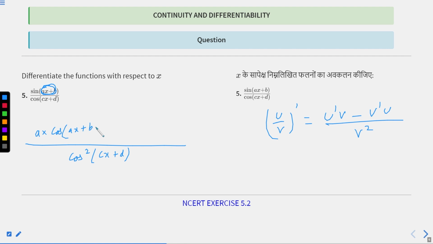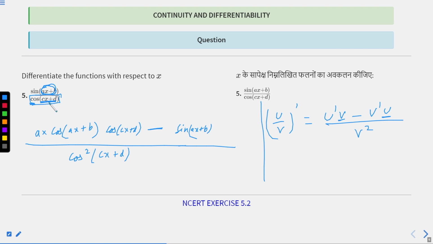This will be your first thing, which is going to multiply with v, so this will be cos cx plus d. So far so good. Now put a minus sign over here. Now sin ax plus b will be untouched, as you can see, u. Now the derivative of v. How can you evaluate it? Quite simple.